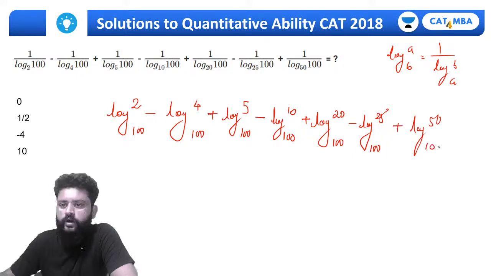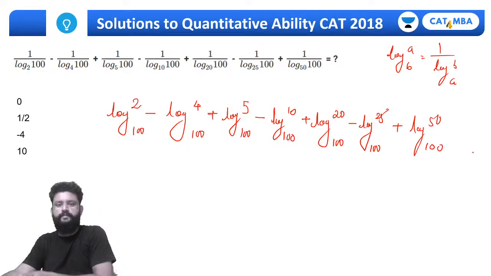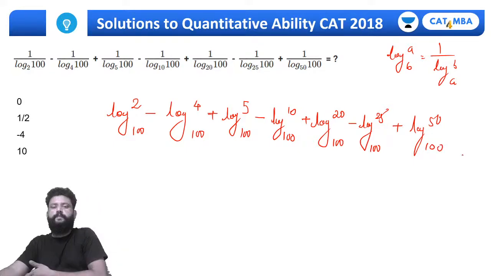Now all the logs have the same base, where minus means divide, plus means multiply.